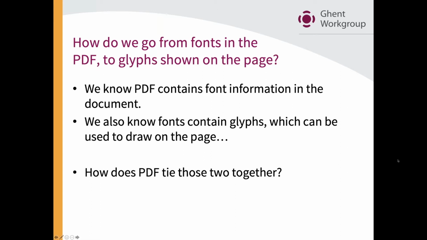How does Acrobat, for example, figure out which glyphs it has to show from all the ones that are available in this font? We know that the font contains that glyph information. We just saw that. We know that the PDF contains the font, but where does it tie together?